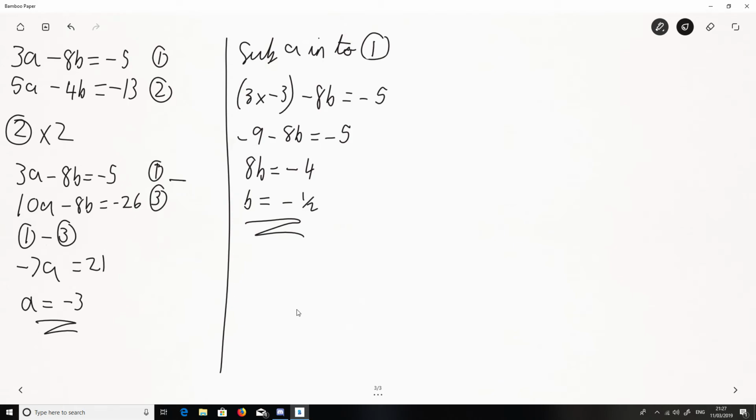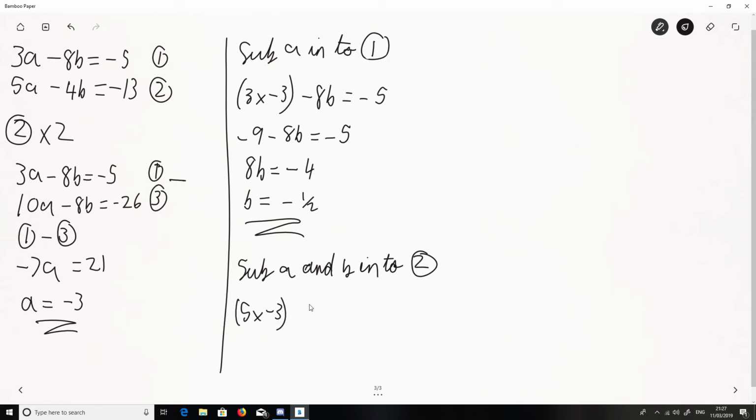So in order to check it, we will sub a and b into equation 2. So we'll do that. So it's 5 times minus 3 minus 4 times minus 0.5 equals minus 13.